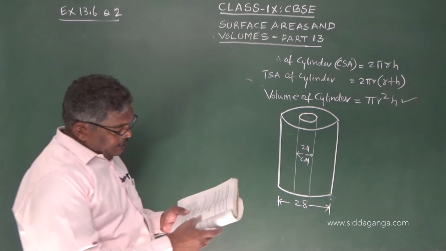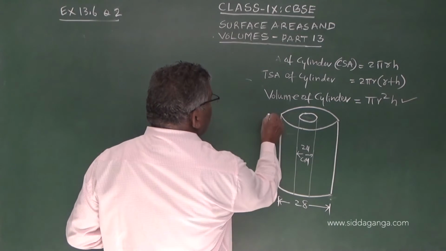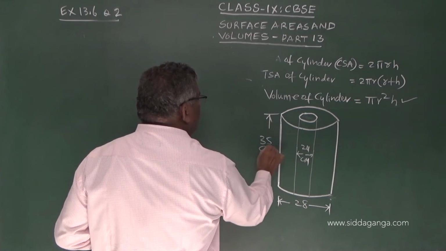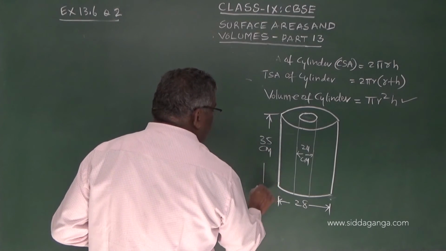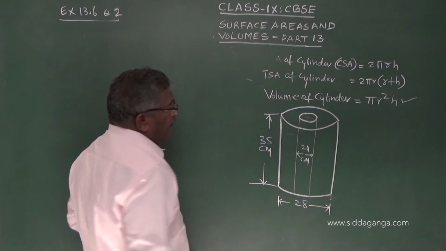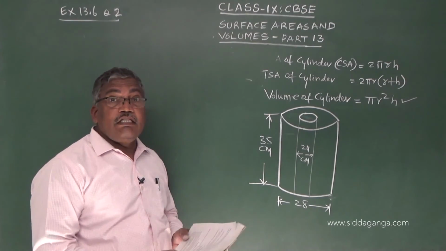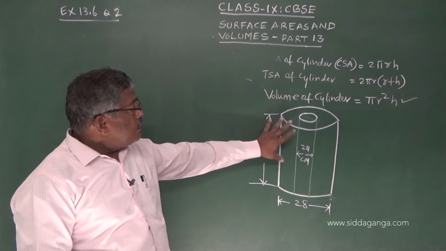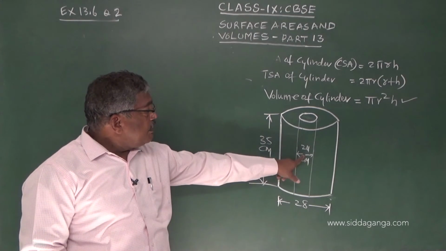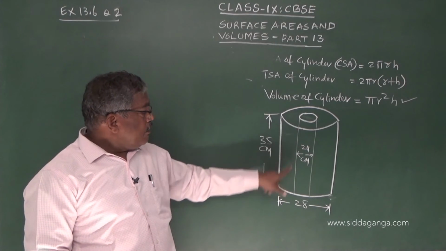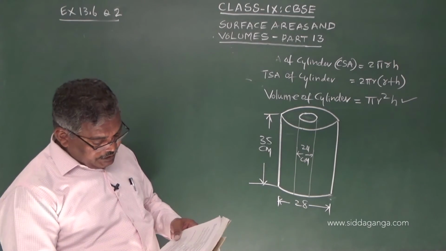Length of the pipe is 35 centimeter. This is 35 centimeter. The sketch is very important, when it is not given, you understand this. The diameter is 24, length is 35. Inner diameter, outer diameter is 28 centimeter.